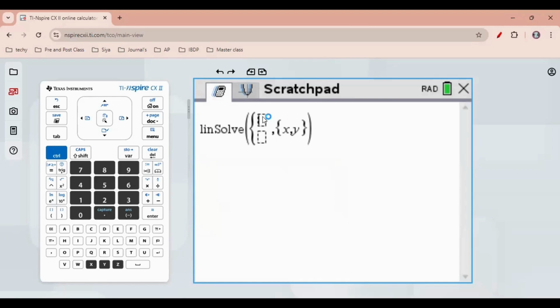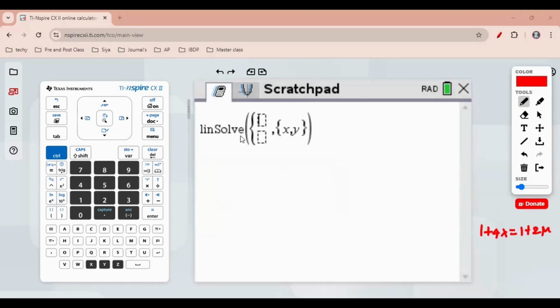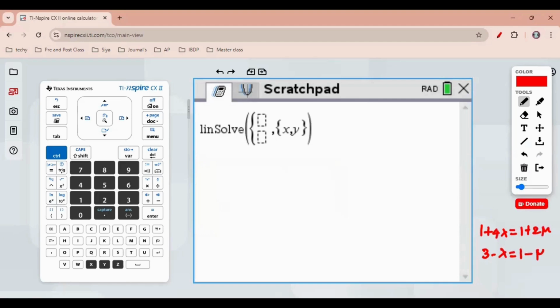Actually, the equation is, hope this is clear, 1 plus 4 lambda equals 1 plus 2 mu. That is one equation. And I pick the C equation, which I have marked: 3 minus lambda equal to 1 minus mu. But it's our choice. And let's give the input here.